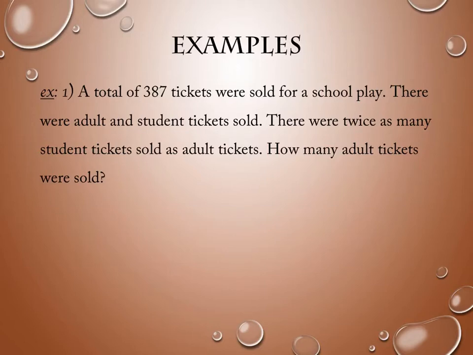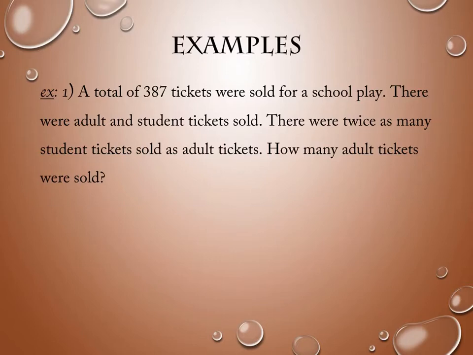The number of student tickets and the number of adult tickets. But we have a relationship given between them, right? What does it say is the relationship between those two unknown values? Twice as many student tickets as adult tickets. Okay, so every problem we work is going to have that kind of a flavor to it.